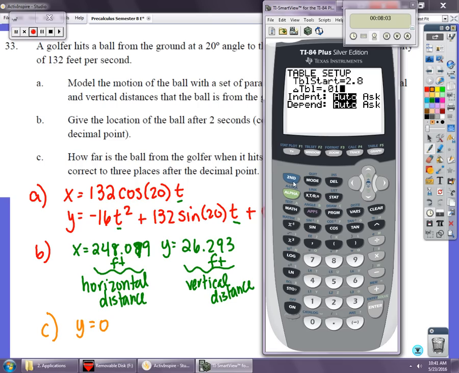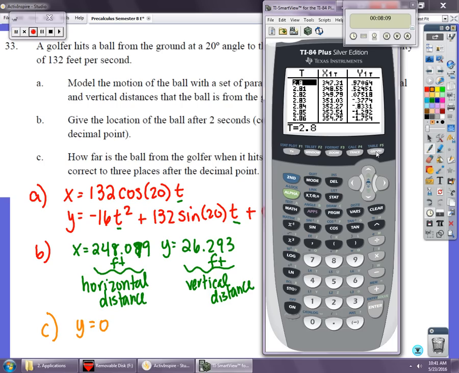Okay, so let's go to the table now. And now I'm starting at 2.8 seconds. And it looks like the closest to the ground is 0.07 right here, so 2.82 seconds.